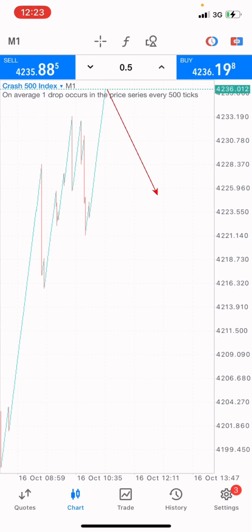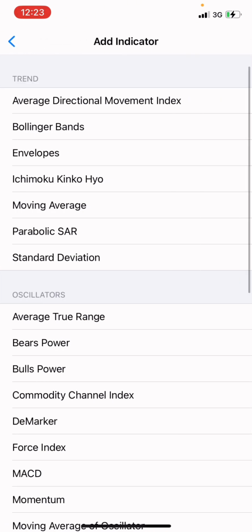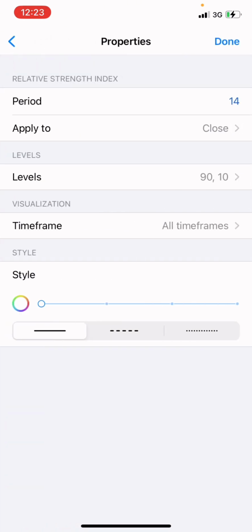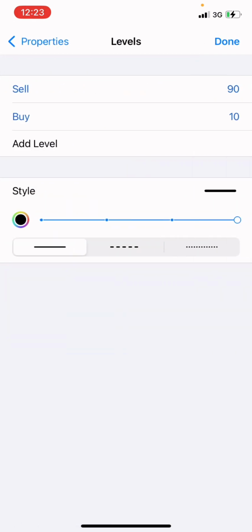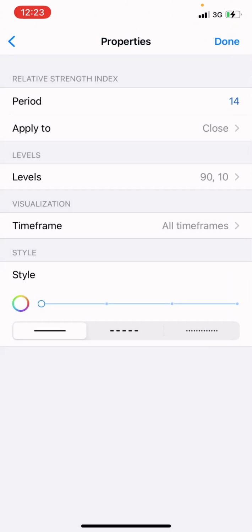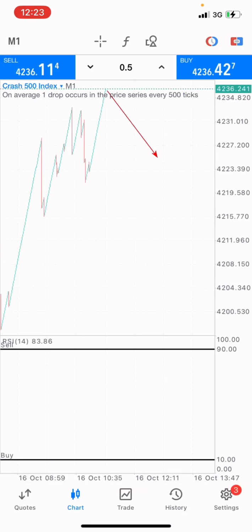Now, I'll put on the RSI indicator, which is the relative strength index, period 14, with levels of 90 and 10, then the style on 4 pixels with the color black, and the other style color white on 1 pixel, then I'll click on done.